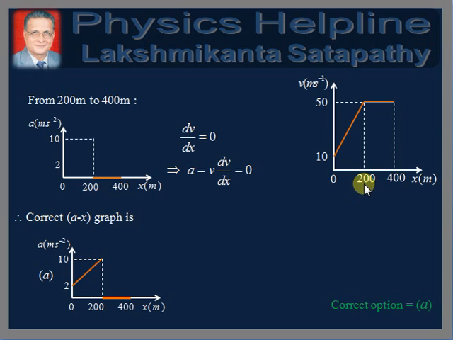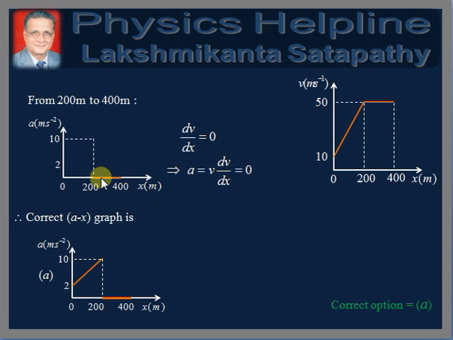Now, for the second interval, x is equal to 200 meters to 400 meters. In this interval, we observe that velocity remains constant at 50 meters per second, which tells us that dv by dx will be equal to 0. Therefore, acceleration a is equal to v into dv by dx, which will be equal to 0.